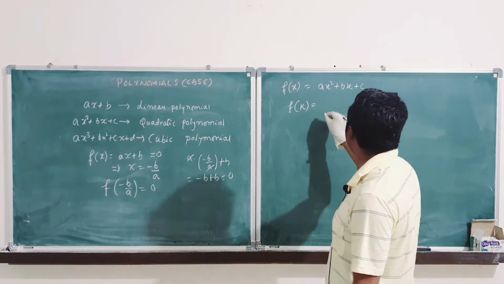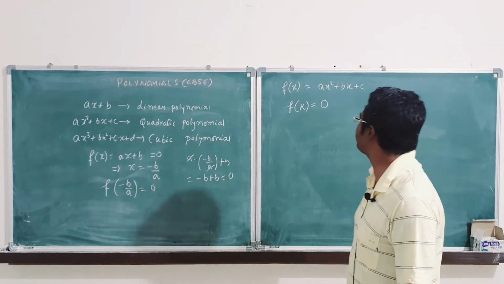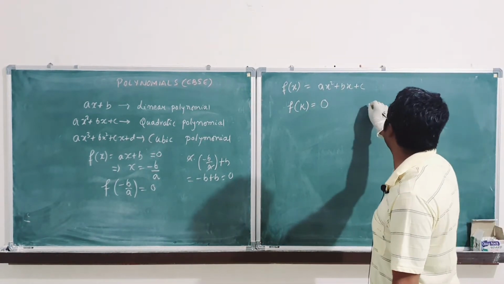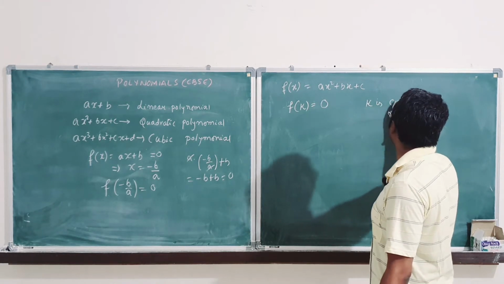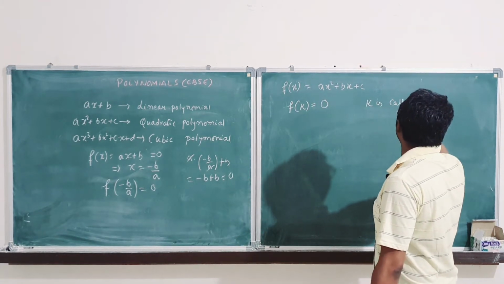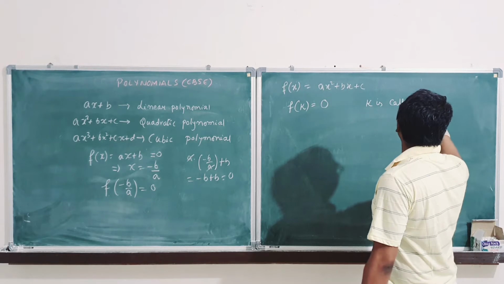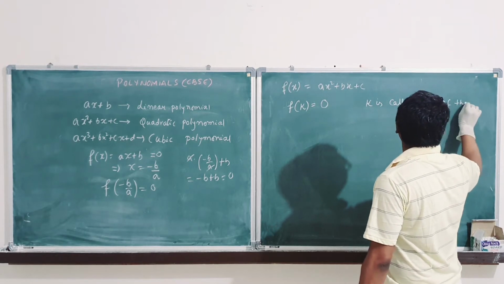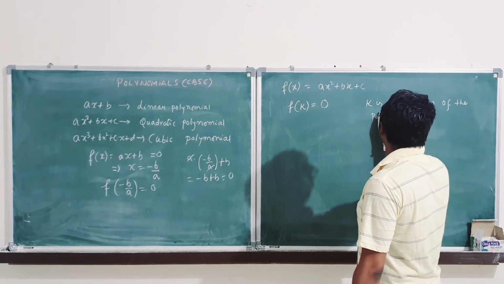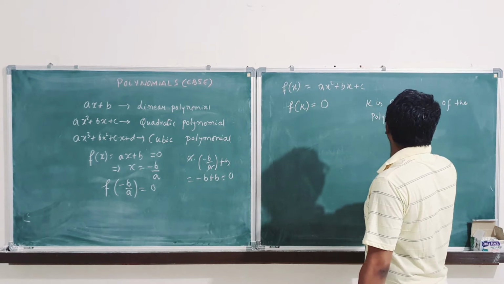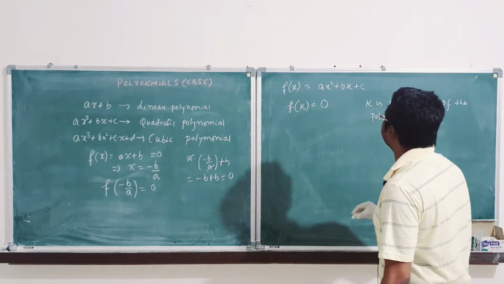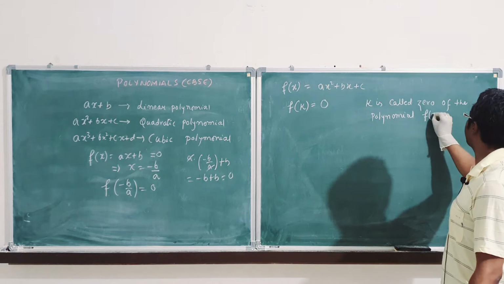If f(k) is 0, then k is called a zero of the polynomial f(x).